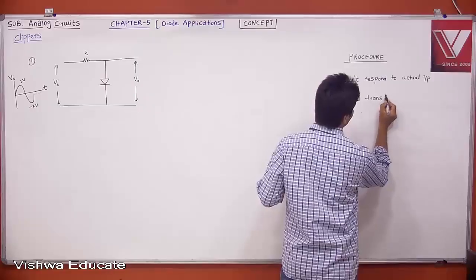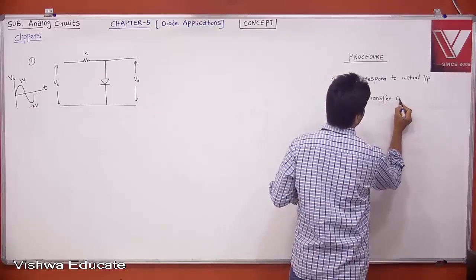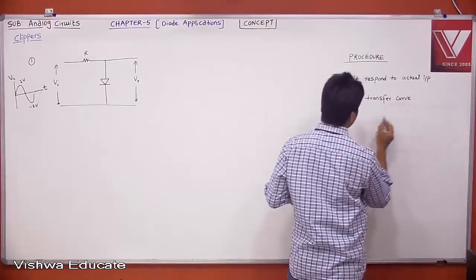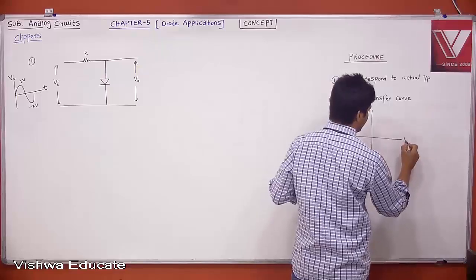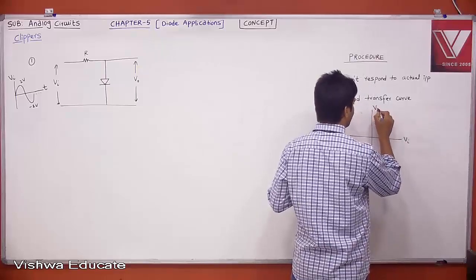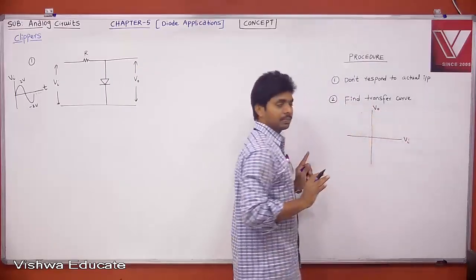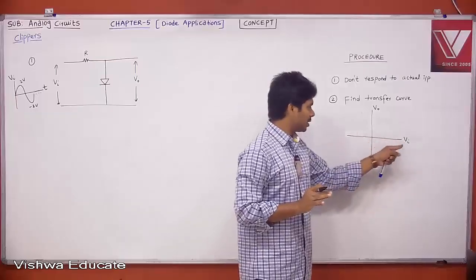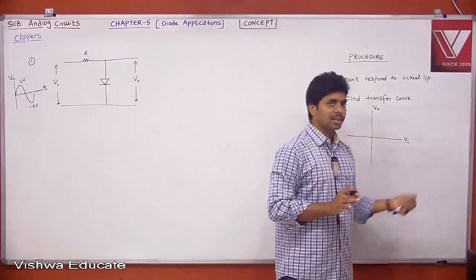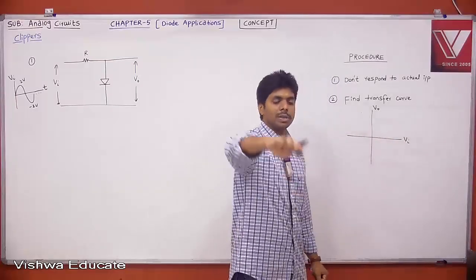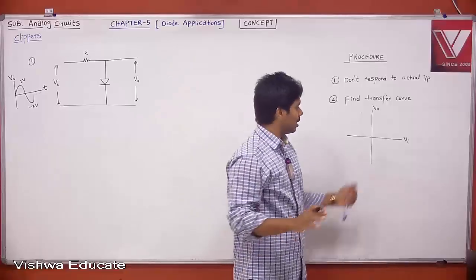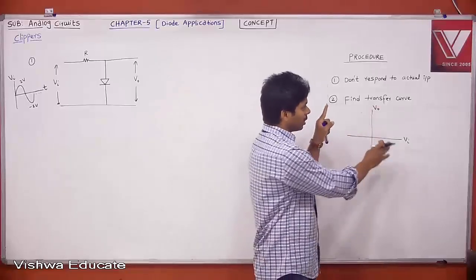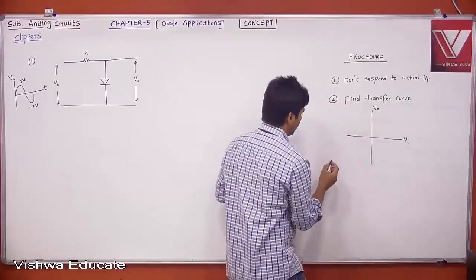What do you mean by transfer curve? A transfer curve is nothing but: when the input is Vi, the output is V0. What is the Vi to V0 relation? When Vi is changing from minus infinity to plus infinity, a kind of slow ramp, what is your output?